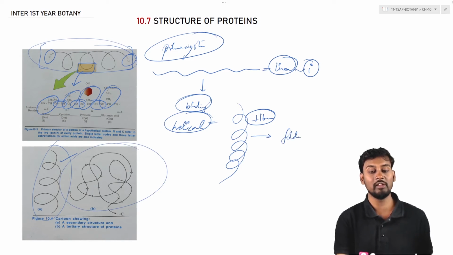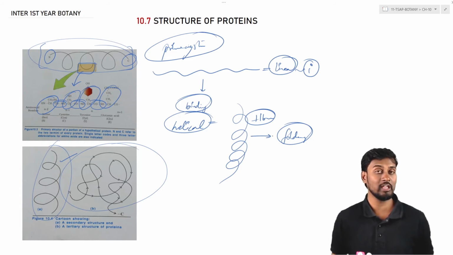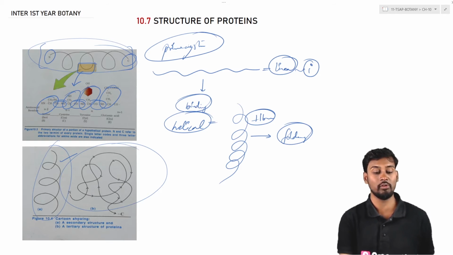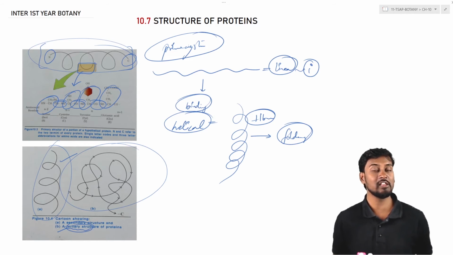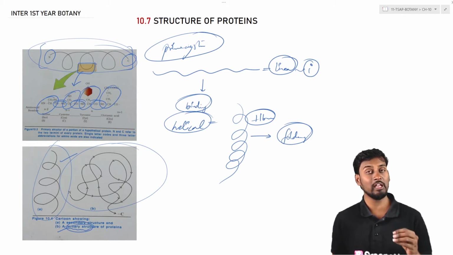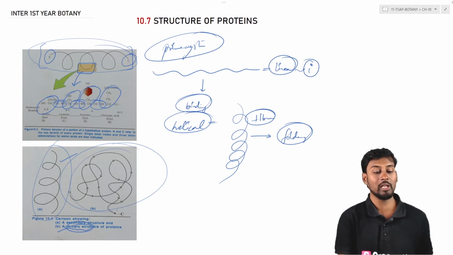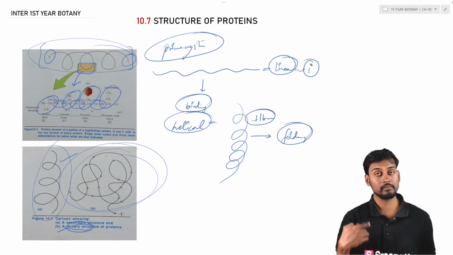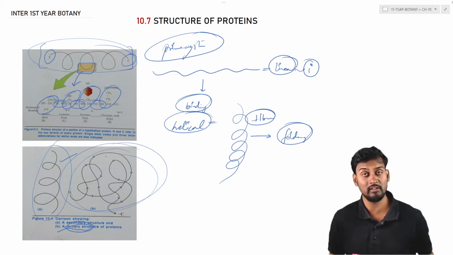This further folding of the secondary structure of the protein leads to the formation of a structure called the tertiary structure. The tertiary structure is created as a result of further bending of the helical format into a globular molecule, a much more folded fashion.